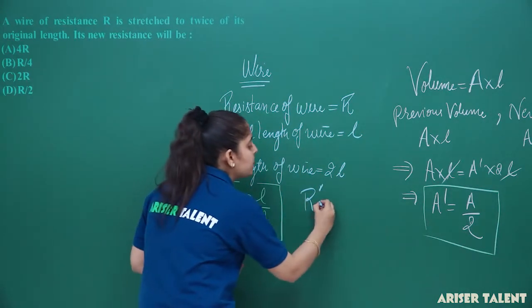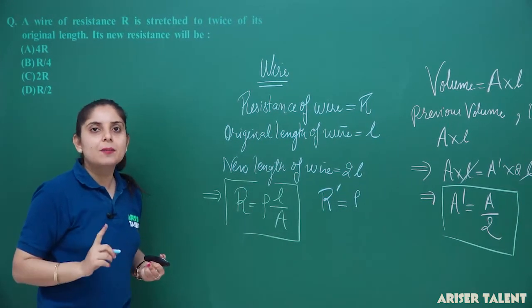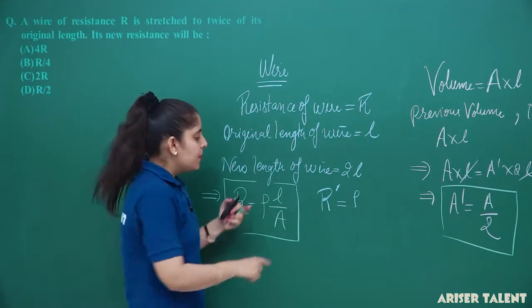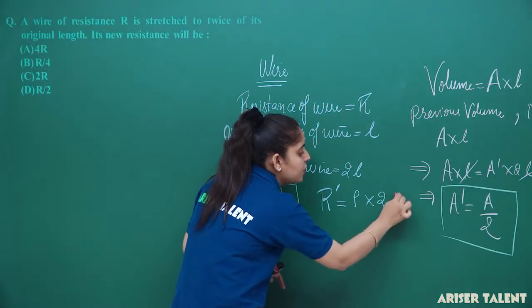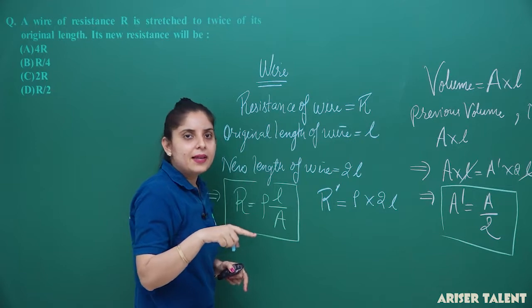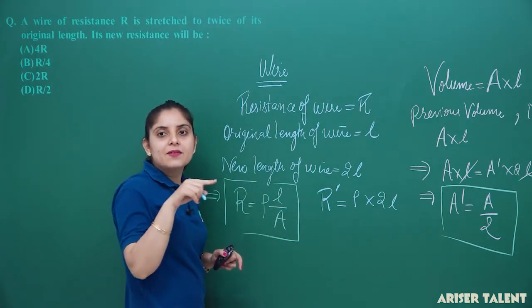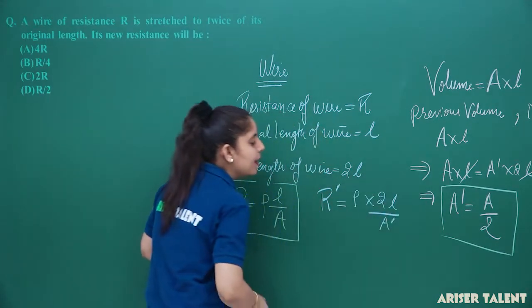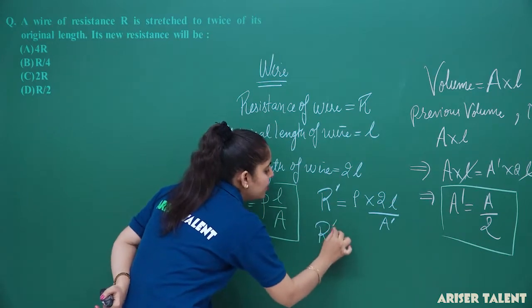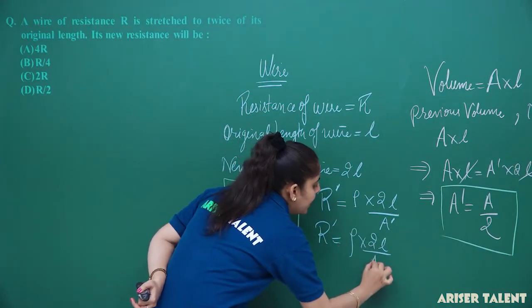Rho, resistivity, will remain the same because the material of the wire is the same. The length will be 2L, because we are doubling the length. The area will be our new area, A dash, and I will substitute its value here. So R dash comes out to be rho into 2L upon A upon 2.